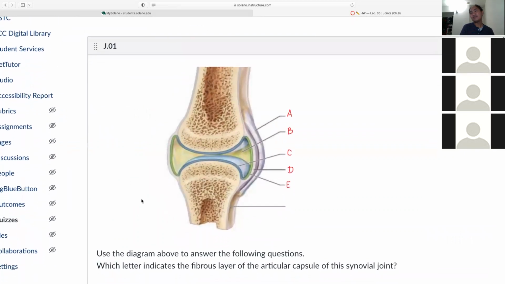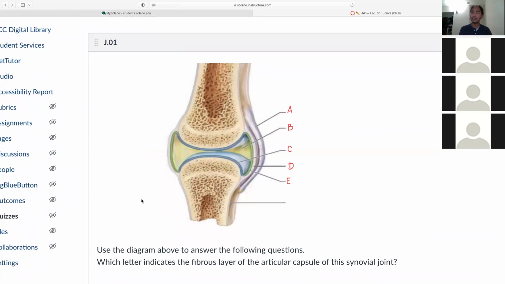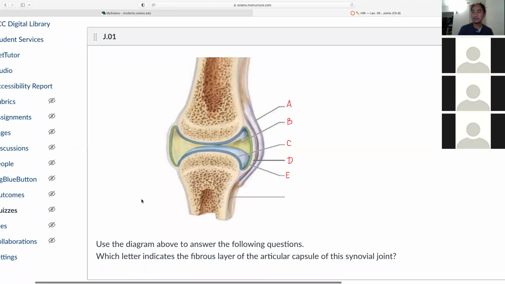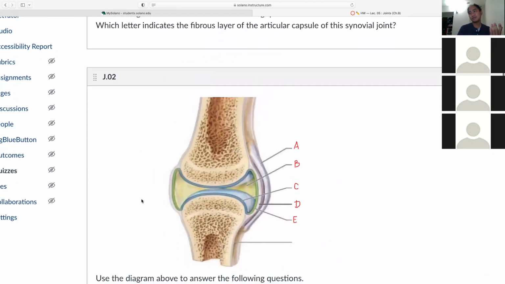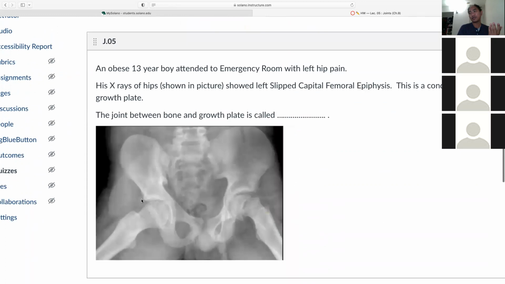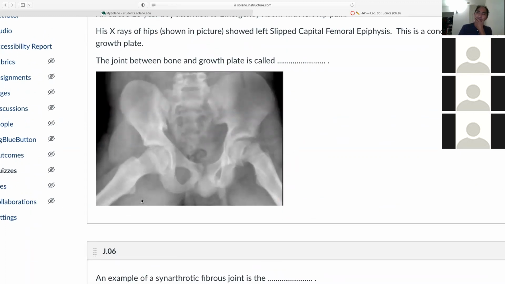I believe this is from the textbook, nothing new. If you look at the textbook again, it will be easy for you to answer this question. The same question. Now, this is the cartilage plate, which is the physis or epiphyseal plate.